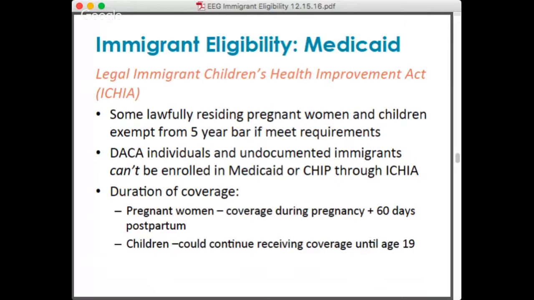Children can get the child coverage, and could continue to receive that coverage until they reach the age of majority, which in Nebraska is age 19. So that's an important exception to know that sometimes, even though you might think you're subject to the 5-year bar, depending on your circumstances, you may be eligible for that exception.